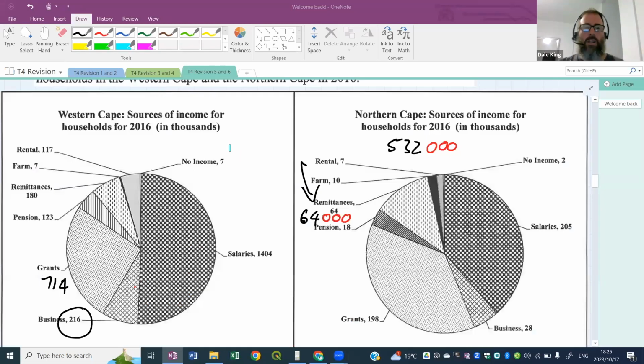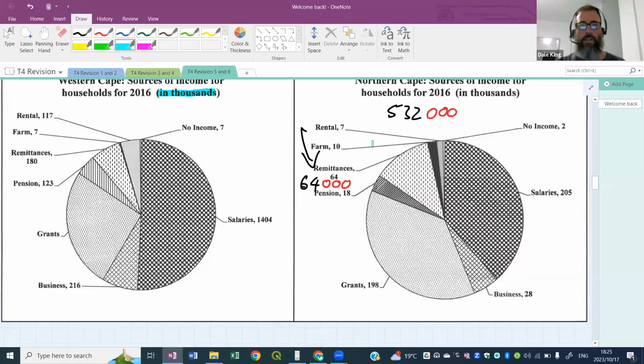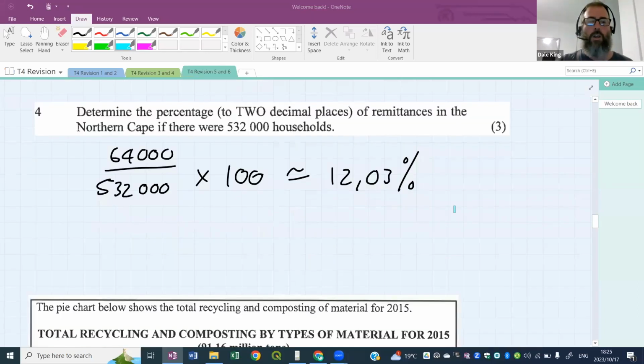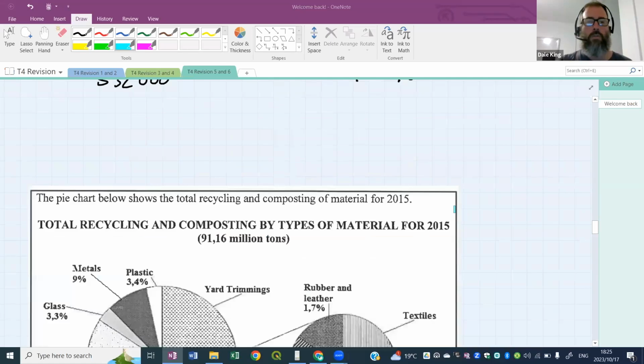If you leave off the thousands, you could get it wrong. So please make sure that you change all the values to thousands. Yes, Tanda, I've got my 2 decimals. 12,03. All right, let's move on to one more pie chart question.